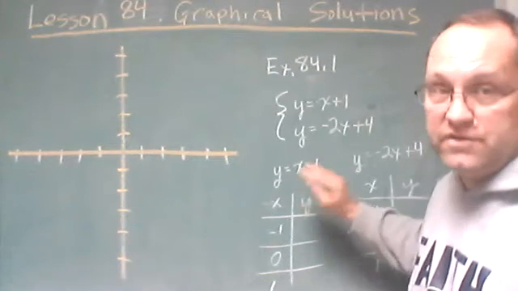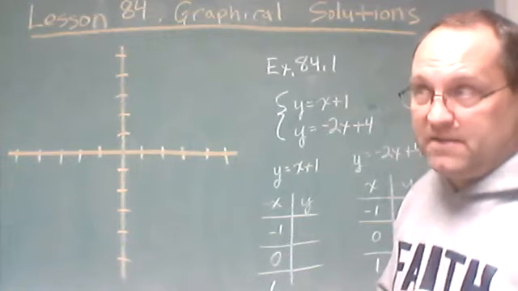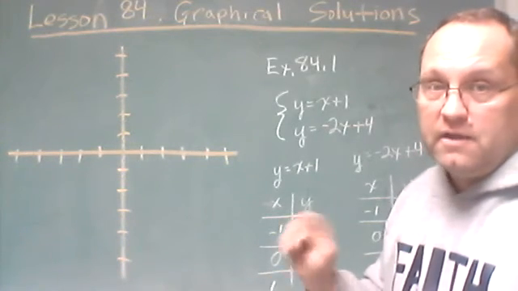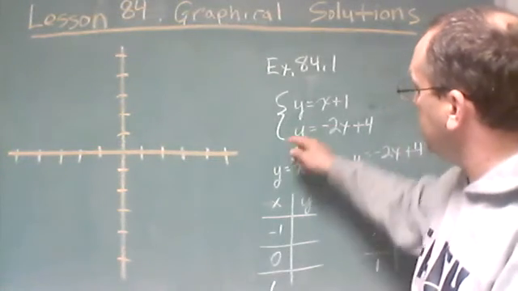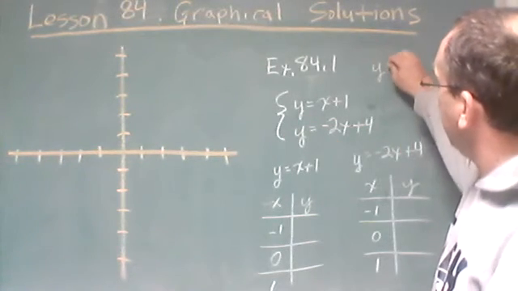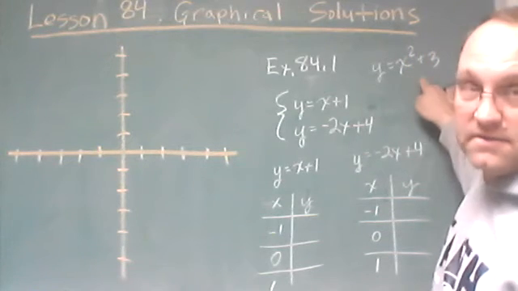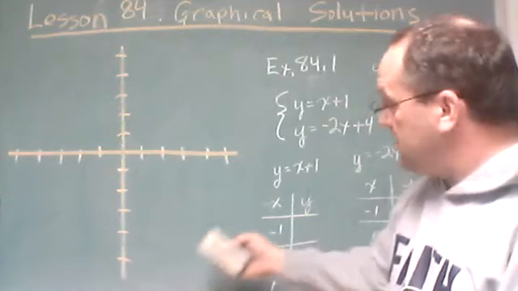This is a skill you still need to develop, because as they even mention in this lesson, looking ahead to lesson number 91, we start getting into equations that have a squared term in them, something like this, okay? And we're going to use that same method to graph it.